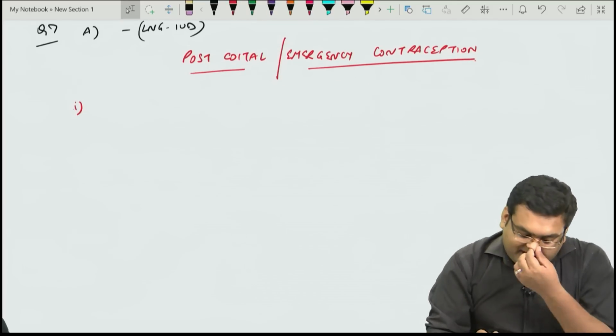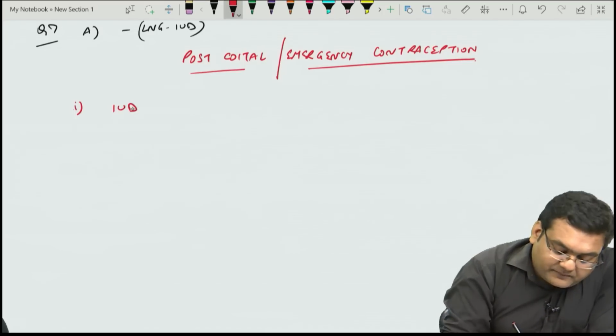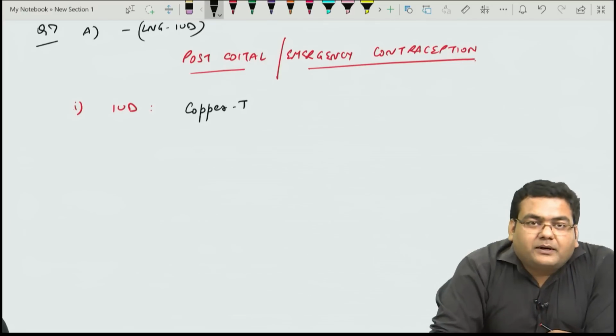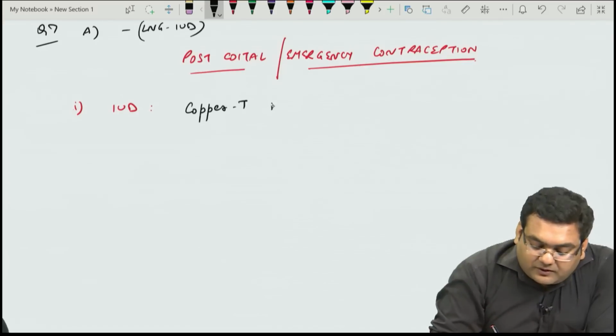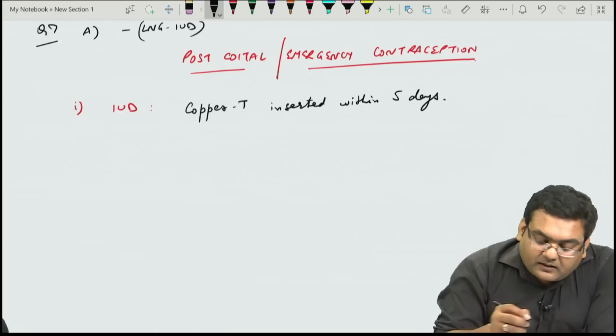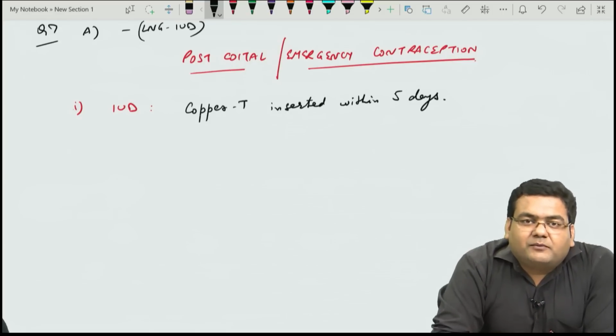First method is your IUDs. In this, copper T is used, which should be inserted within 5 days of an unprotected intercourse.